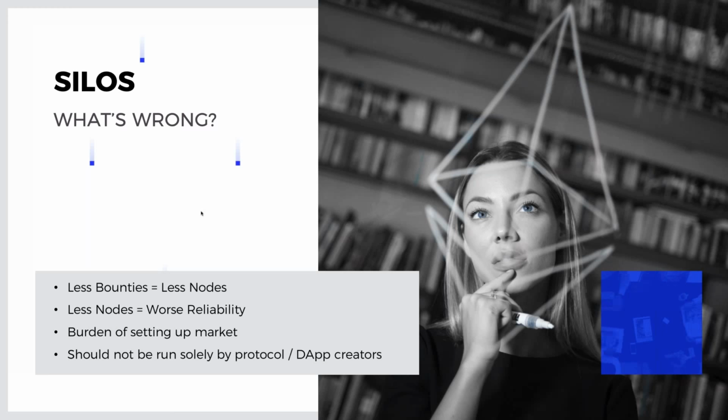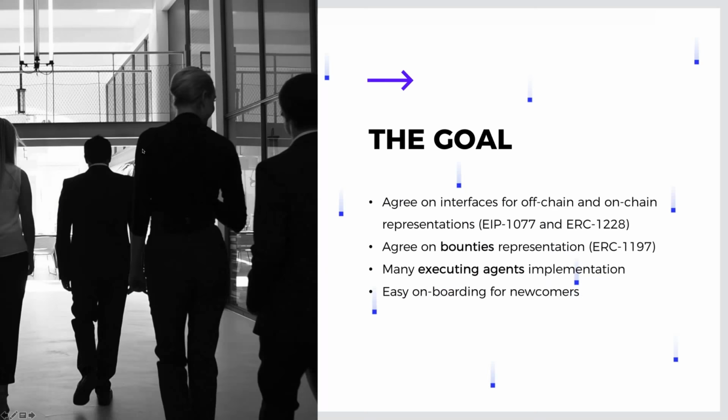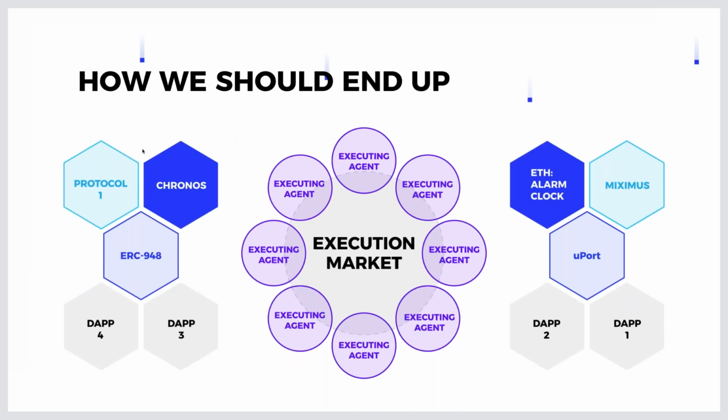And a very important thing as well is that if we assume there will be a couple of these executing agents running, we might see that people who are running those protocols are not going to deliver fully decentralized protocols, because I don't think these executing agents should be run by the protocols or DApp creators.